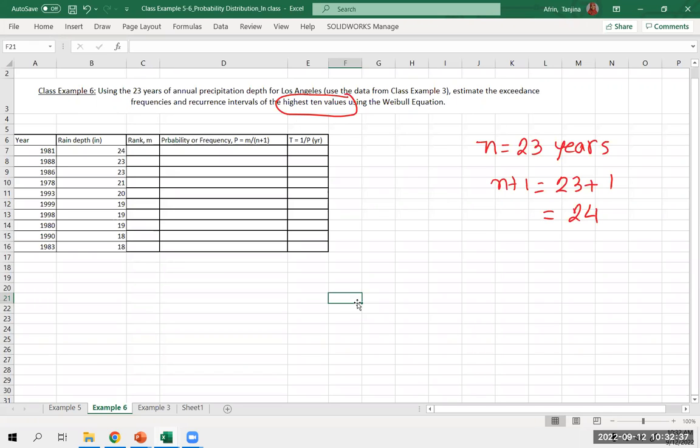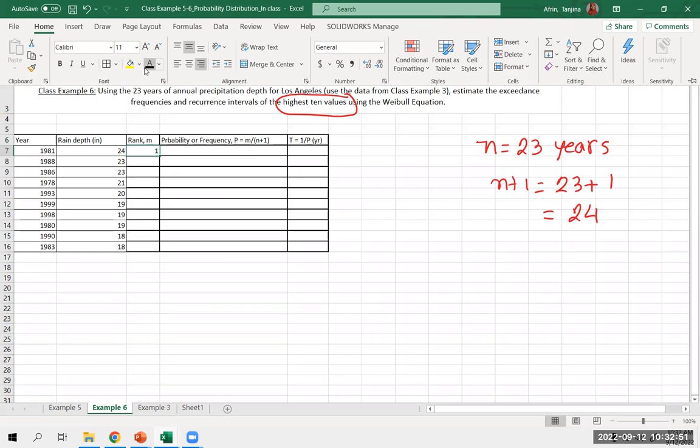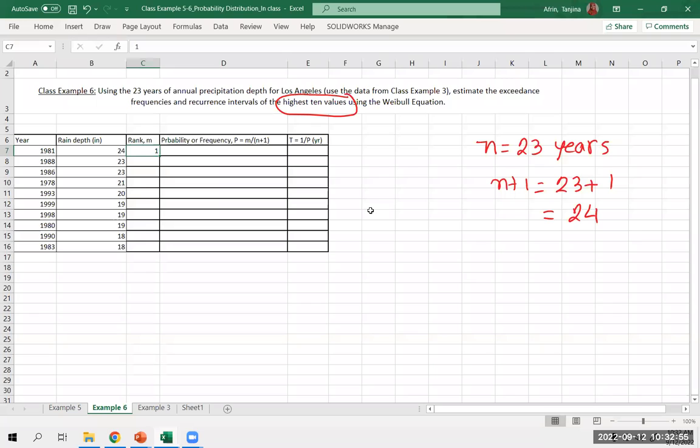Okay. Now probability and return period, those are two easy parts, as I said. The only problem you will have is the rank. So the top one should be ranked what? 1, right? What will be the second one? 2. What will be the third one? 3. Now, the second and third ones have the same value, 23, 23, so they can't have different ranks.